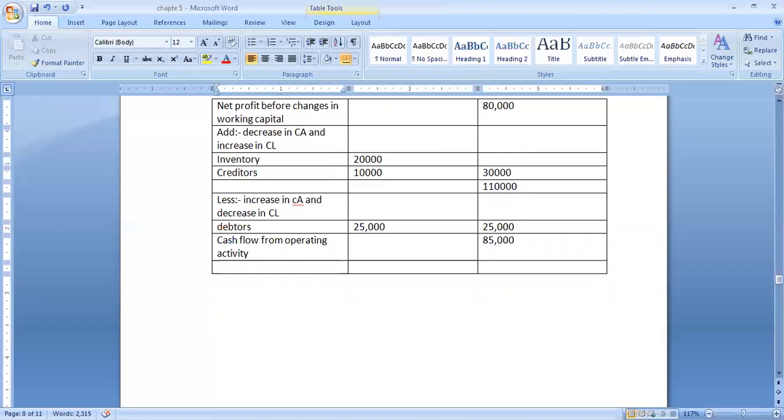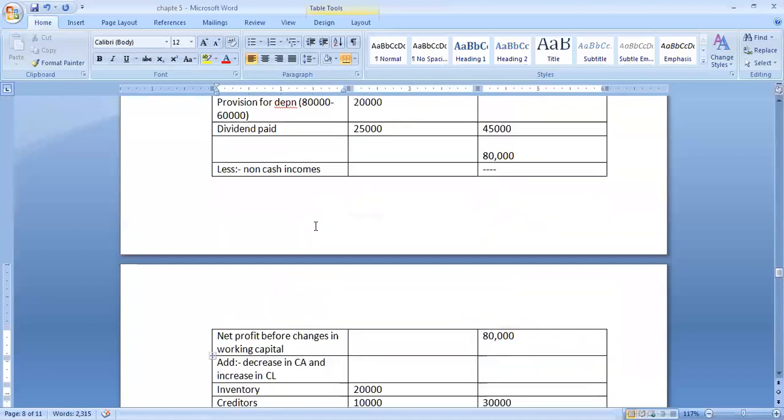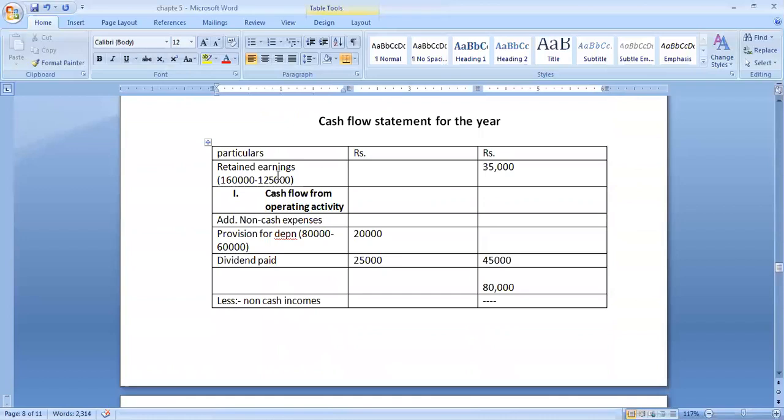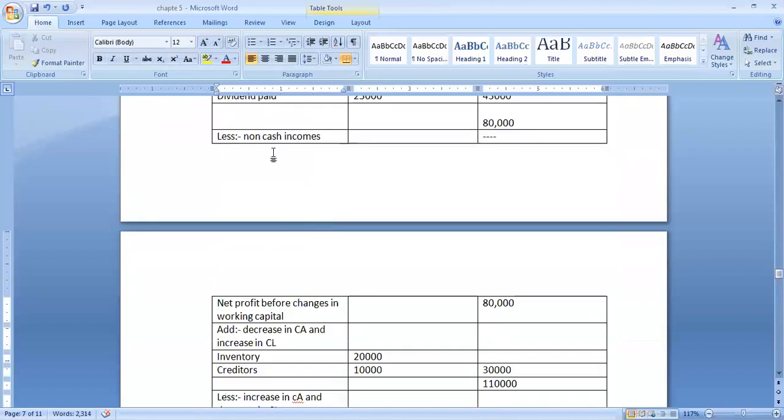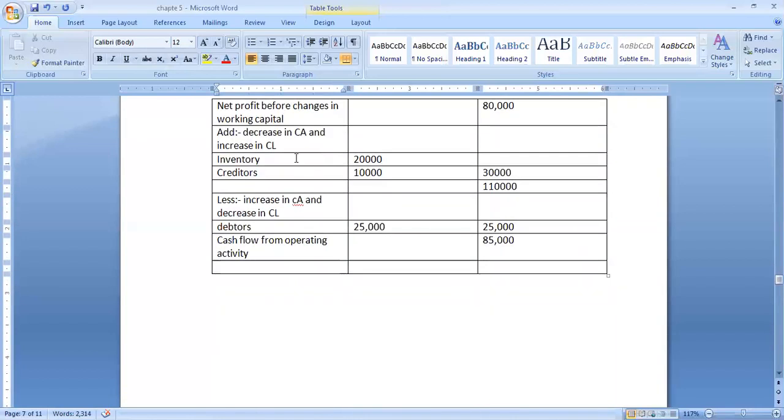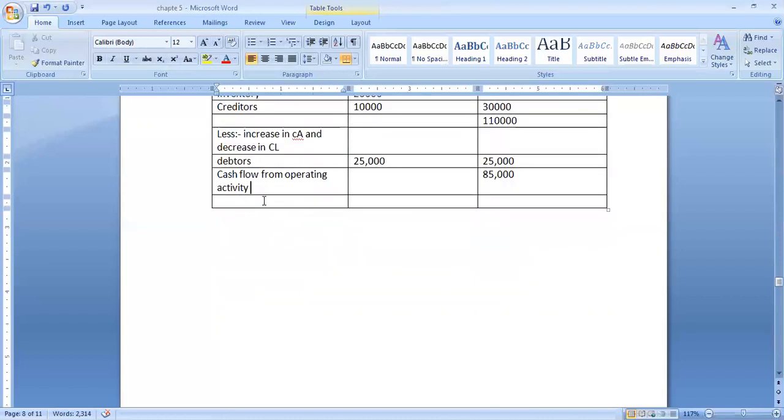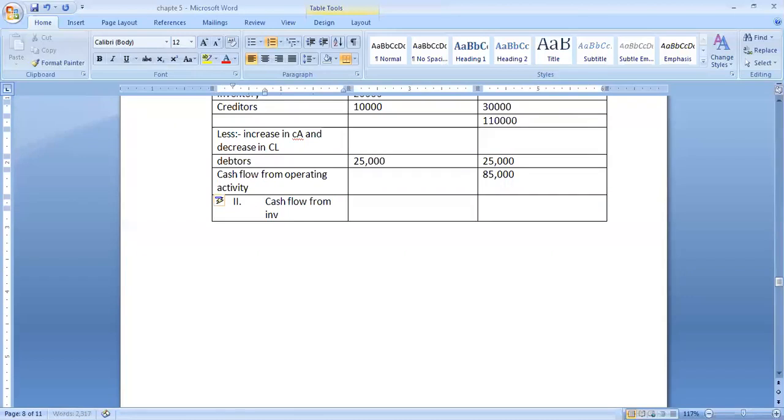So make sure all this information is taken into consideration while you calculate the cash flow from operating activity. First take the non-cash expenses, non-cash incomes, then certain changes relating to the current assets and the current liability.